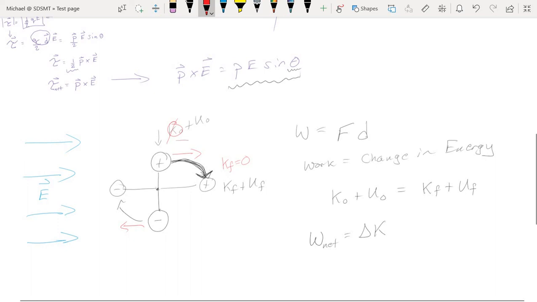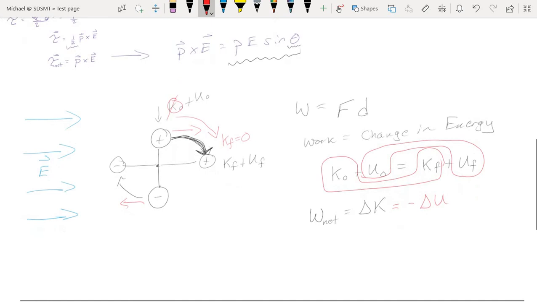So we're increasing our kinetic energy by rotating this dipole, but we can't just make energy out of nothing. It has to come from somewhere. And so any change in the kinetic energy for the system will have to be offset by any change in potential energy for the system.